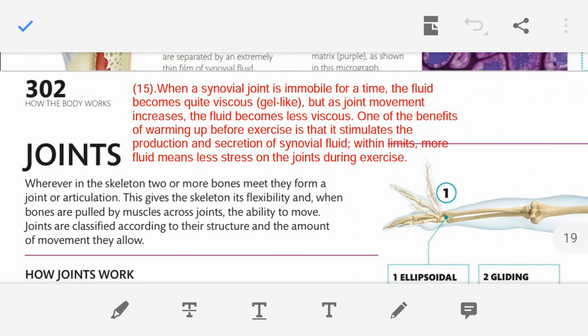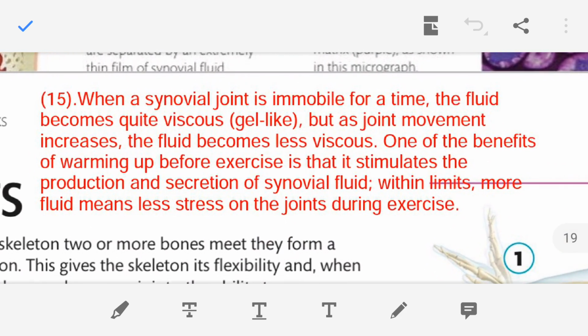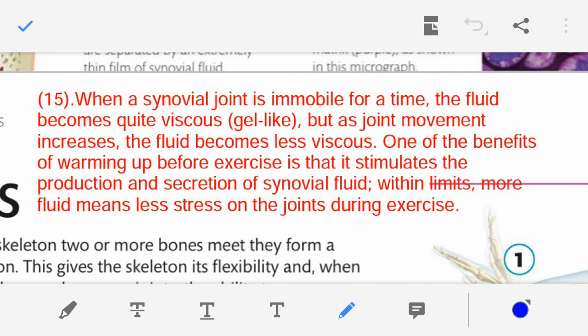Now point number 15. Right now you are attending this presentation lecture, and it is possible that you are sitting on a chair or the sofa.